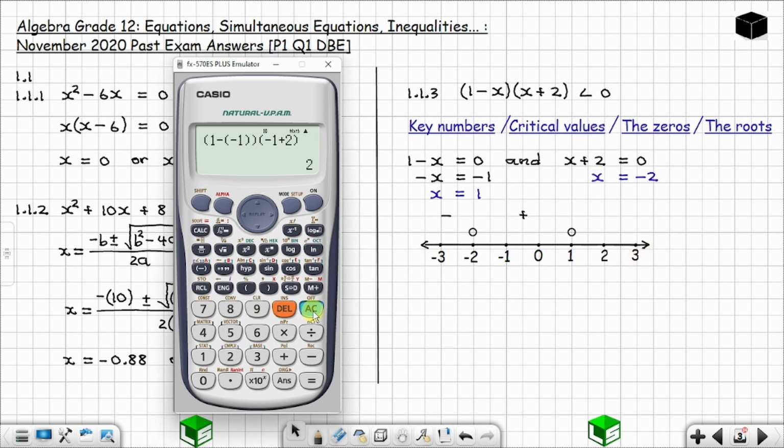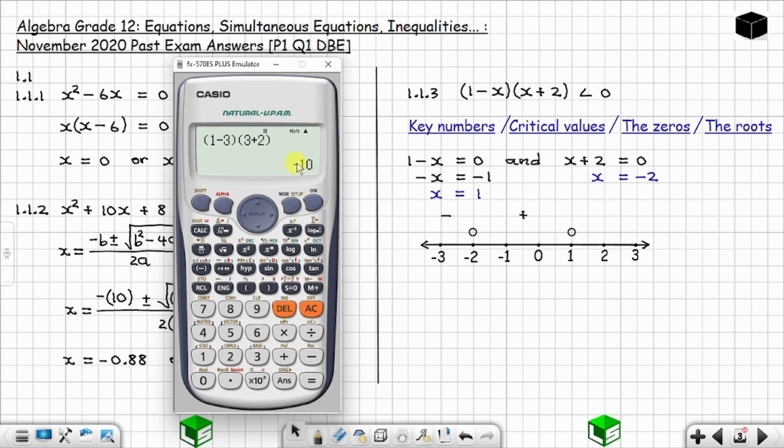Okay, let me start from the beginning. I have my bracket 1 minus x. So 1 minus 3. Close your bracket. You open your bracket. You have x plus 2. X is 3. You plug 3 wherever you have x. So it's 3 plus 2. You close your bracket.